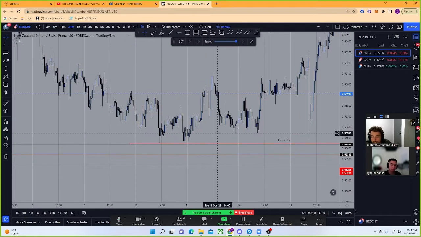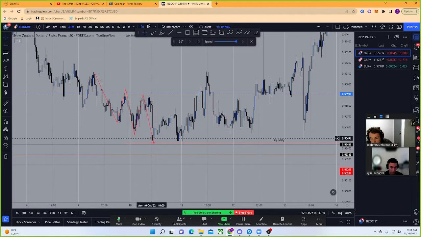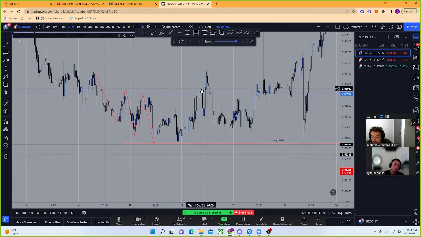We have this continuation to the downside happening. We cleared that last low, but now what happens after we clear this old low? We rally up and smack out these old highs here.